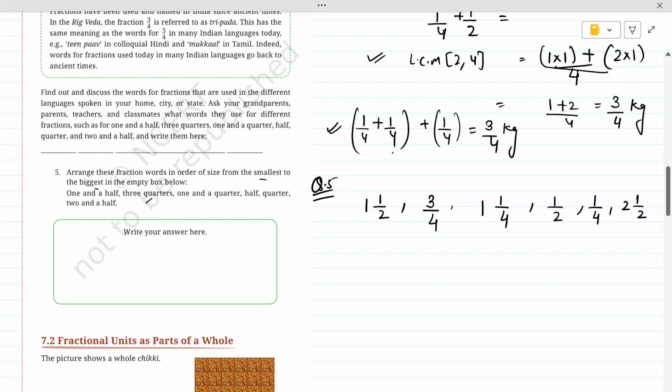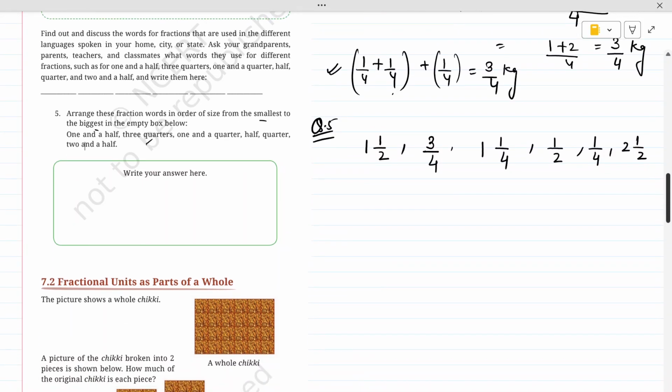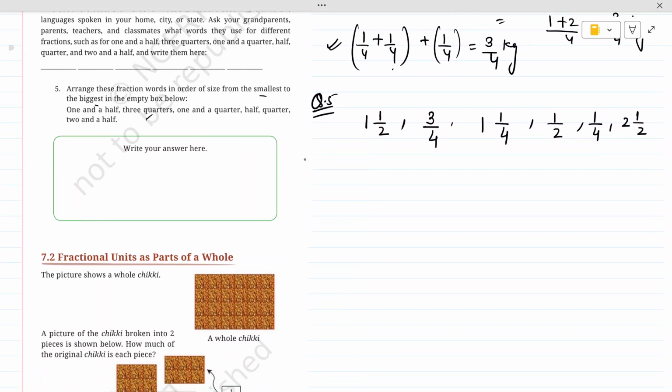Okay. So kids, the easiest way to do this is to consider one circle as the complete one. Using this circle, we can see the smallest part of the circle which is given here is 1 by 4. This 1/4 will be 1 by 4.